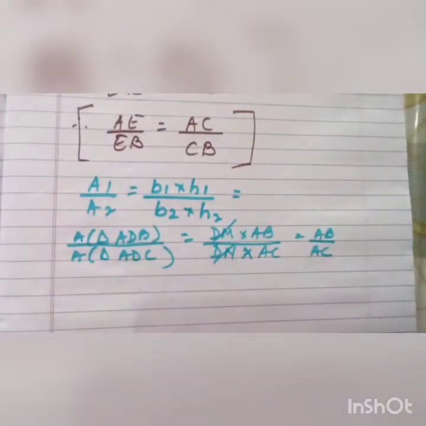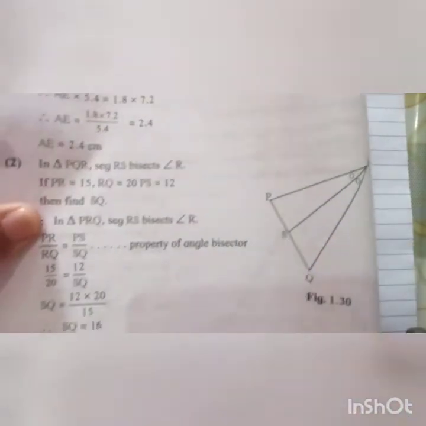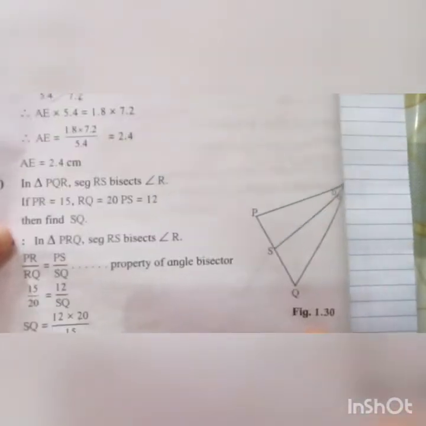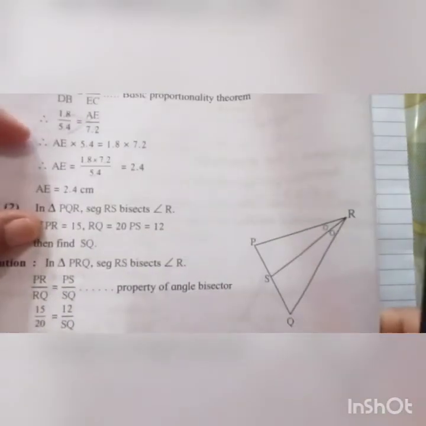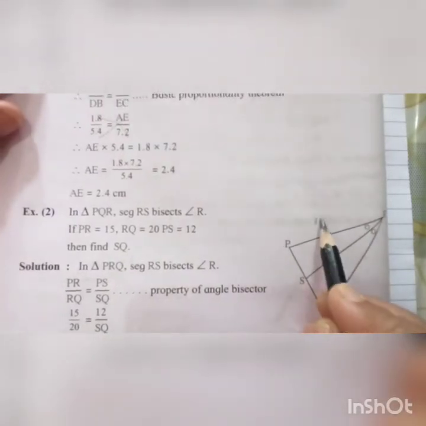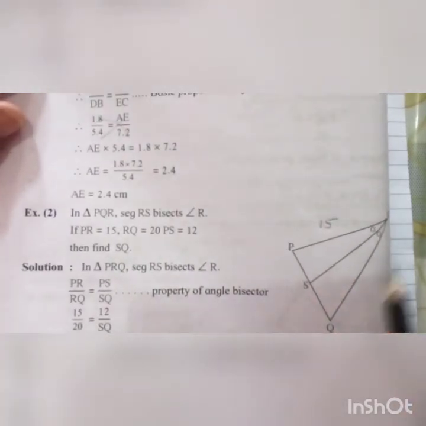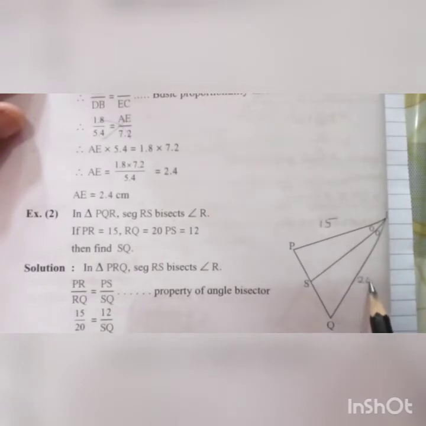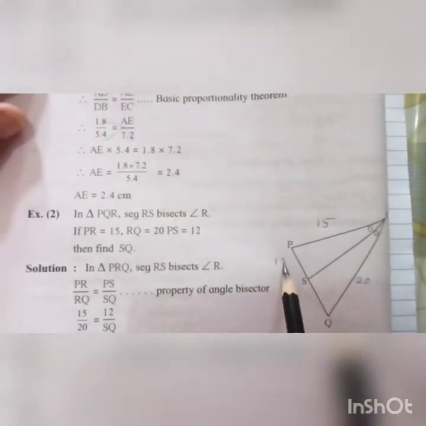If we come to page number 12, figure 1.30. In figure 1.30, angle R is bisected by RS. We have a triangle PQR. Segment RS bisects angle R if PR is 15 and RQ is 20 and PS is 12.